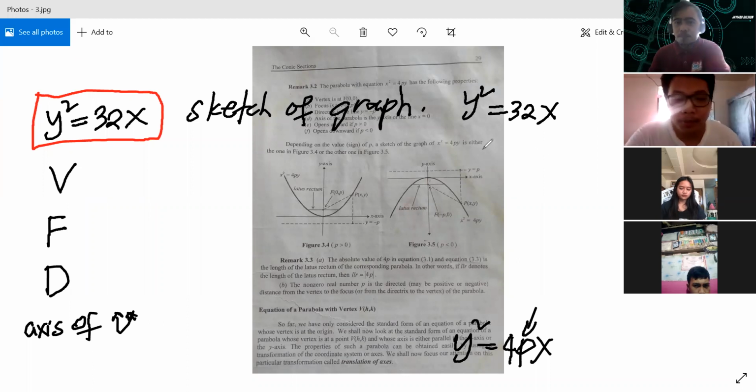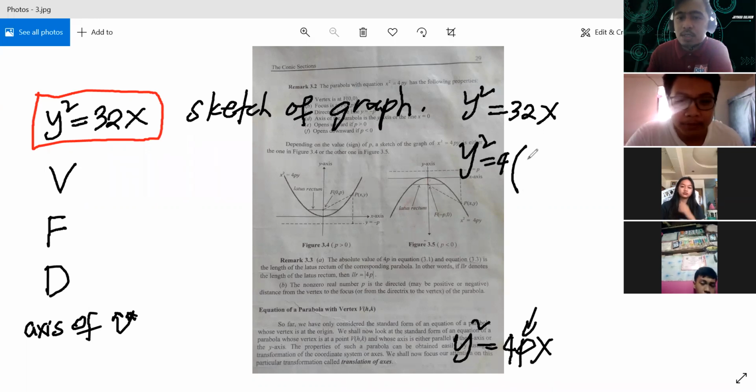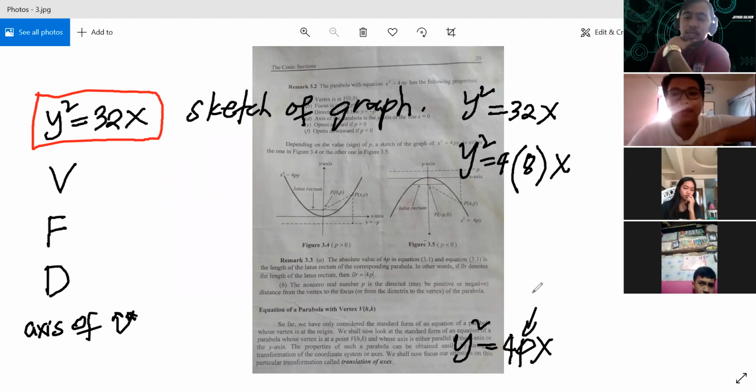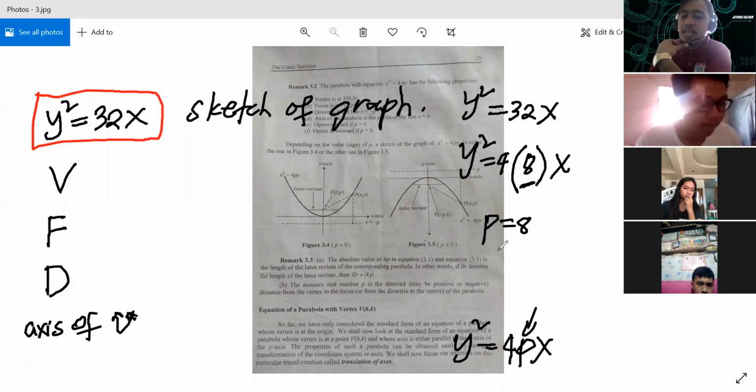In this case, this can be written as 4 times what number? 8, of course. So in this case, you are certain that your p is 8, and that is positive. Since it is positive, you are now certain that this parabola is opening to the right.